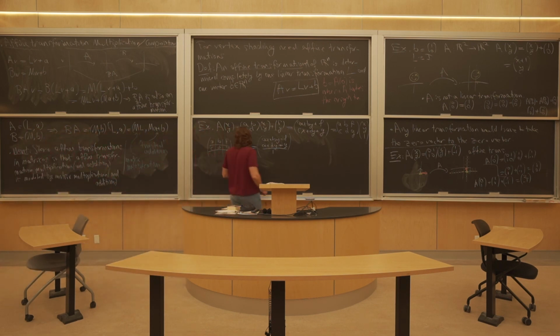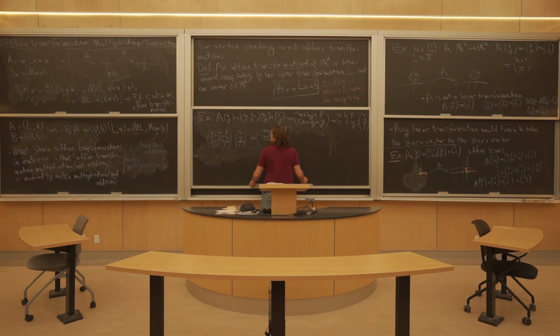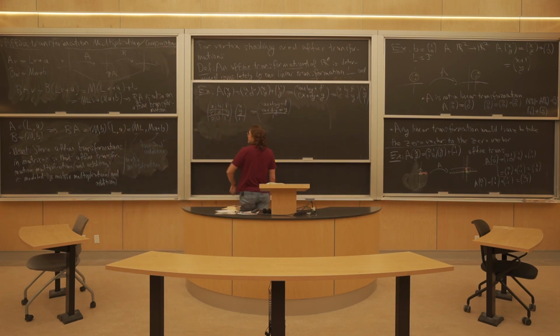Well, if this is the case, what can I put here? Any ideas? Zero, zero, one. Okay? So now note that if I were to model my affine transformation like this, it does indeed keep track of this multiplication for me.